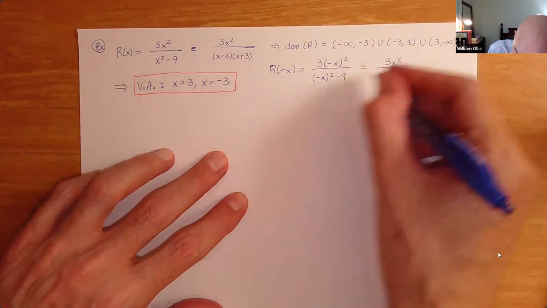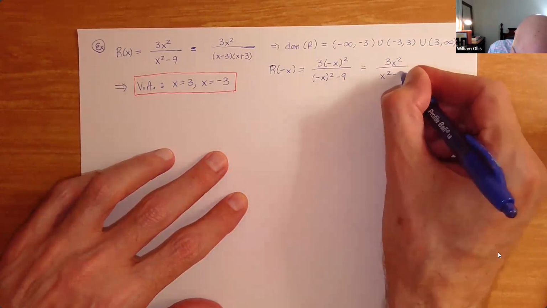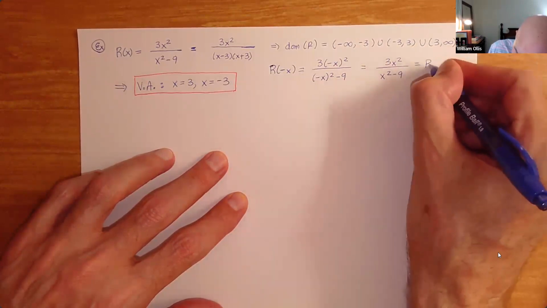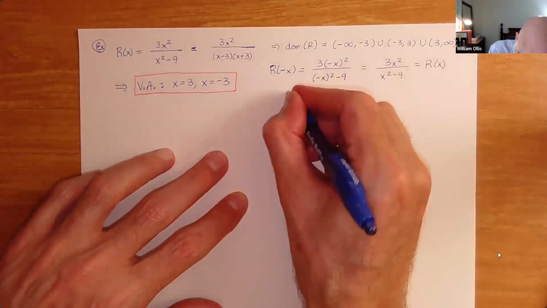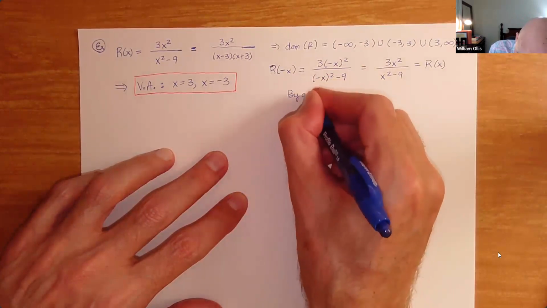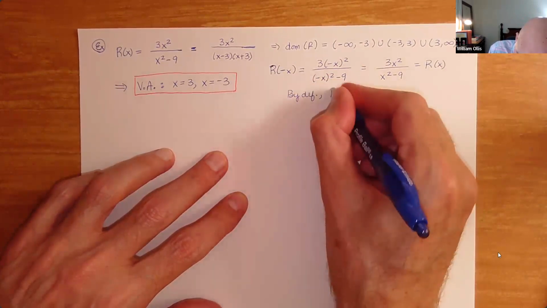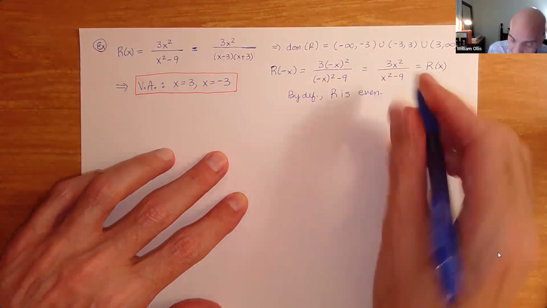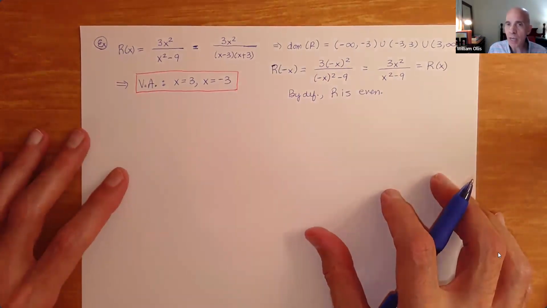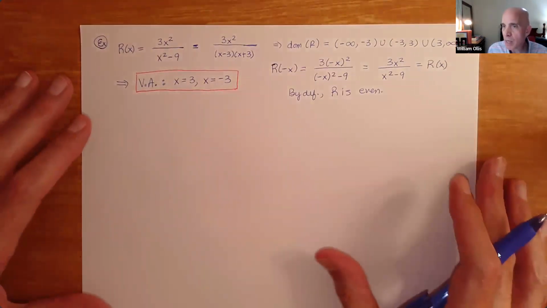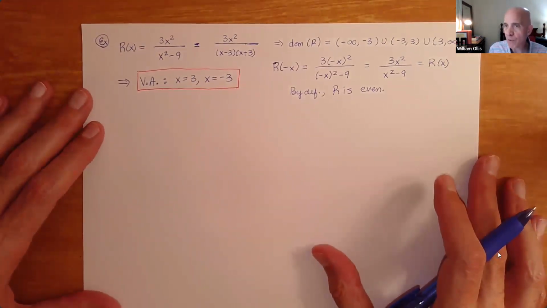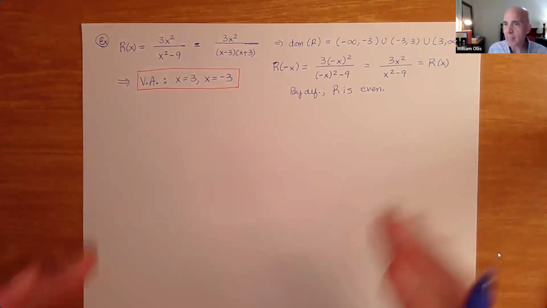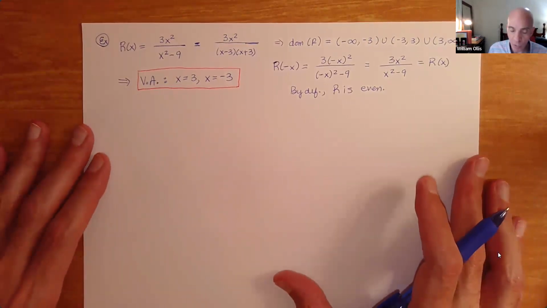And of course, downstairs, the same thing happens, x squared minus 9. And that is indeed the original function. So this says, by definition, R is even. So that helps us when we draw the graph. We know we have to have y-axis symmetry. So that's another plus when we're working with rational functions. It certainly will assist us in drawing a more accurate graph.